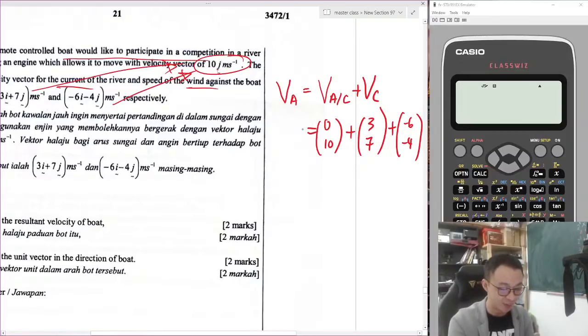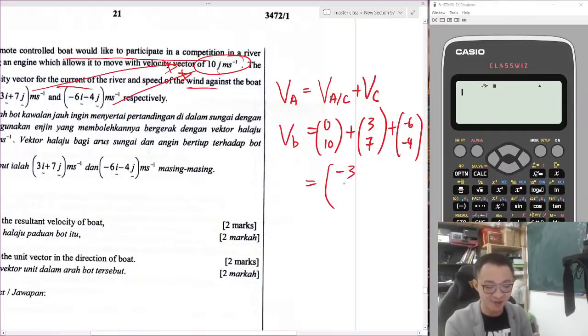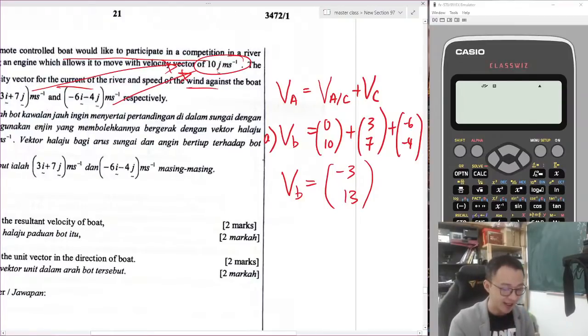So this will be the resultant velocity of the boat. You just add them together, you should get -3 and 17 minus 4, 13. This is my velocity of the boat for part A.